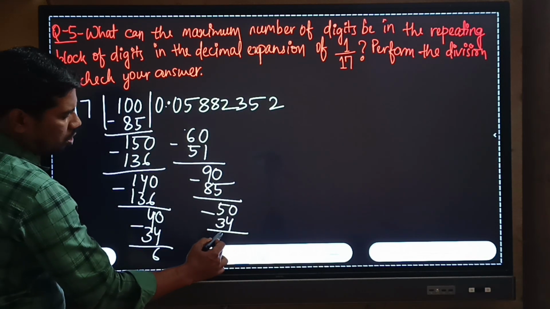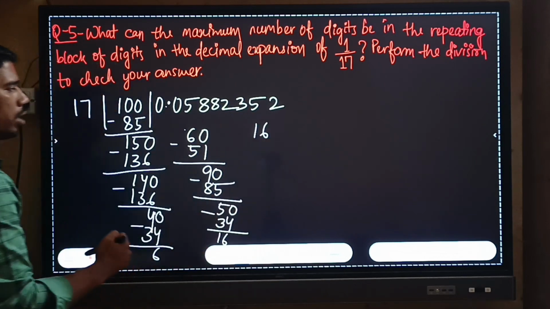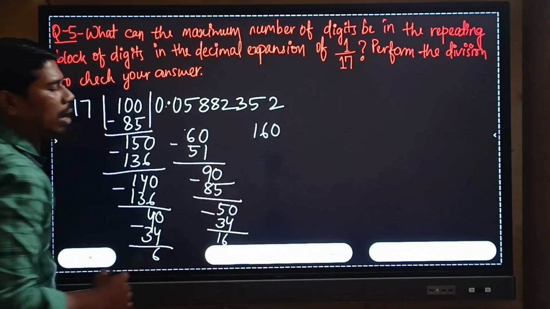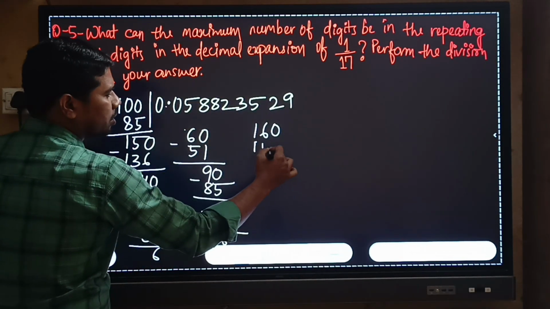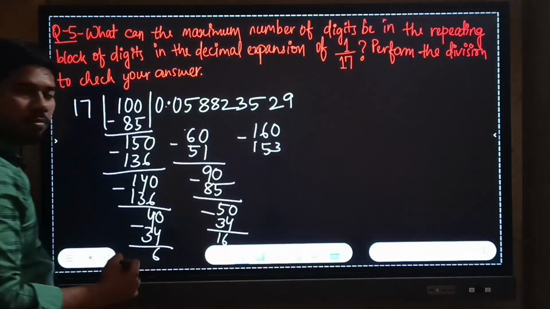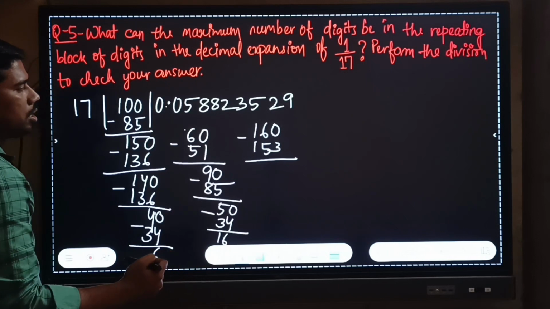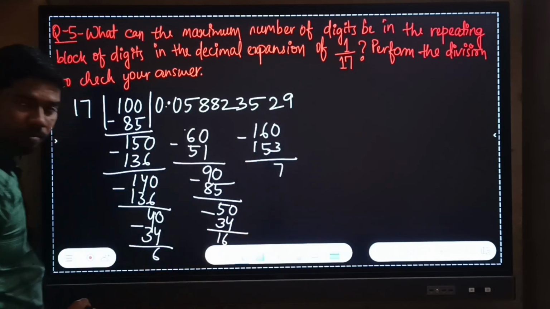The result is now 16. So I am writing here 16. 16 is smaller than 17, the point is there, it will become 160, 17 9s are 153. Now 160 minus 153, the result is 7.